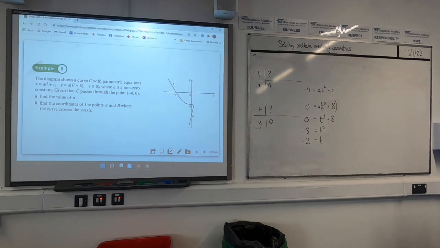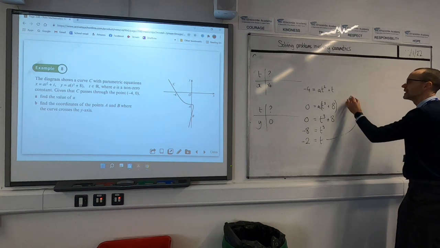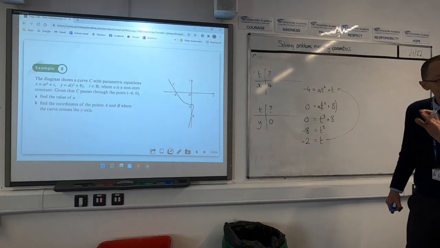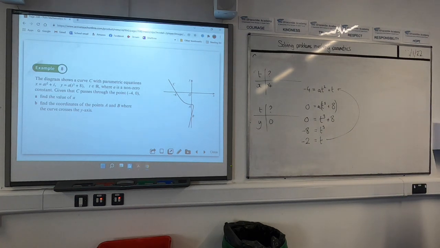So I know that at the point 4, 0, t is equal to -2. So if I substitute that into the first equation, it's the same value of t, which gives us that point. I'm going to get the value of a.